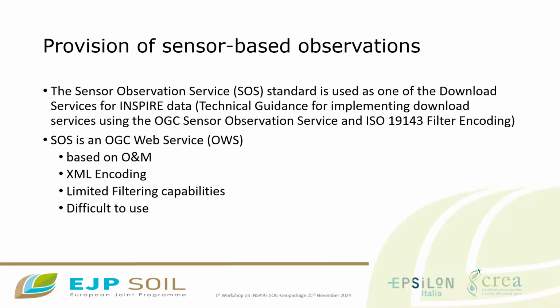Sensor Observation Service is an OGC web service, and it is based on O&M that we have just seen, as an XML encoding, and has limited filtering capabilities. It is also not that easy to implement. It's usually difficult to use.